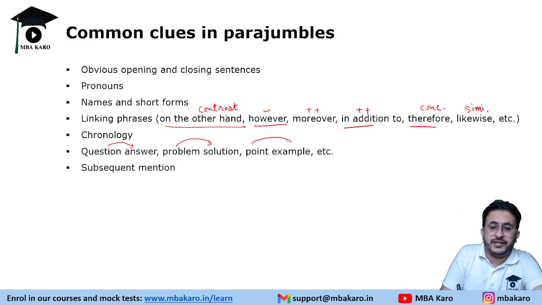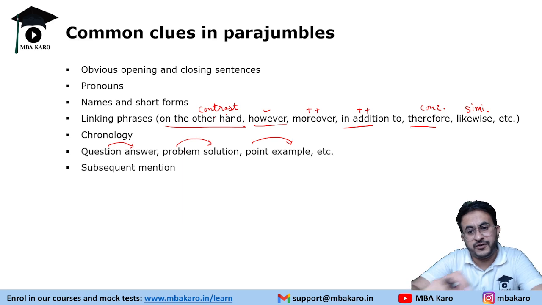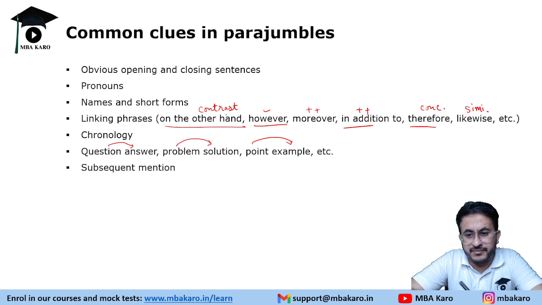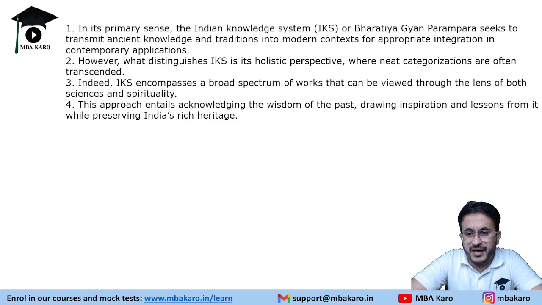Point and example: if an example is given, first the generic point should be given, and then a specific example is presented. So these are some of the key logics that are used in parajumbles. And sometimes it is about subsequent mention: something is mentioned before and it is mentioned at a later stage also. So let us see a couple of parajumbles and the rules that we use here.